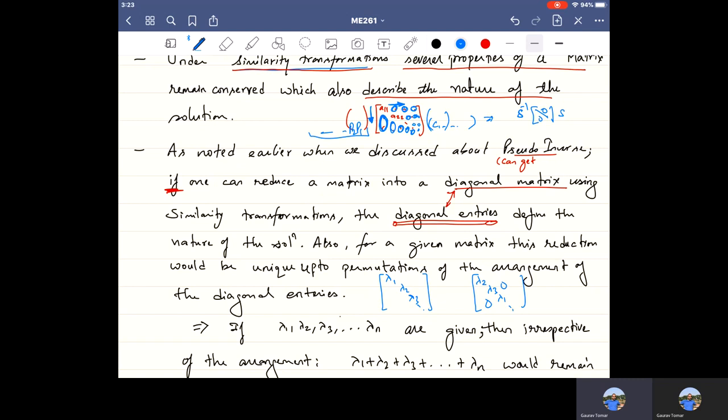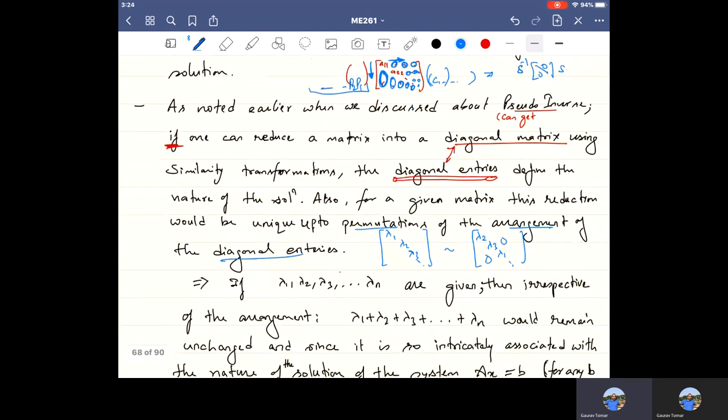So you can see that they are both similar matrices, but when you perform these operations, essentially the arrangement is non-unique. They are unique in some ways, but they're non-unique to the extent of permutations of the arrangement of the diagonal entries, right? So the exact order may not be what you will get.